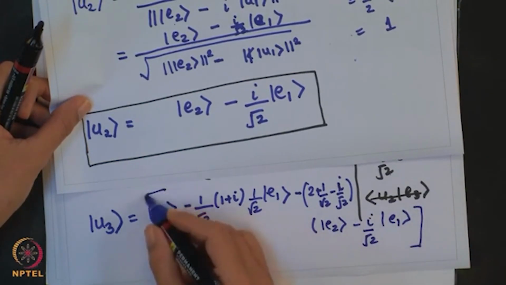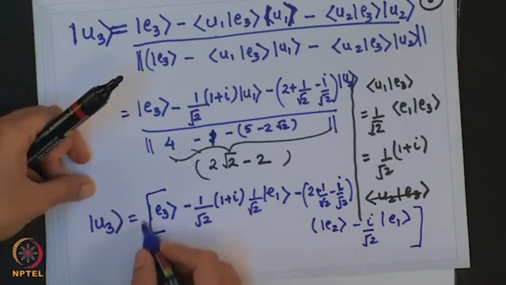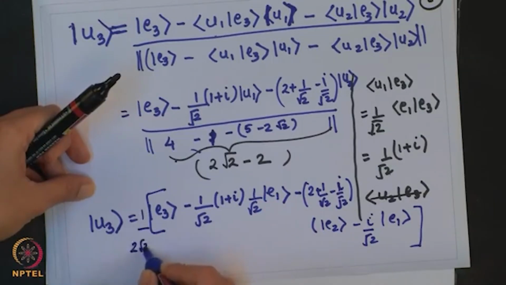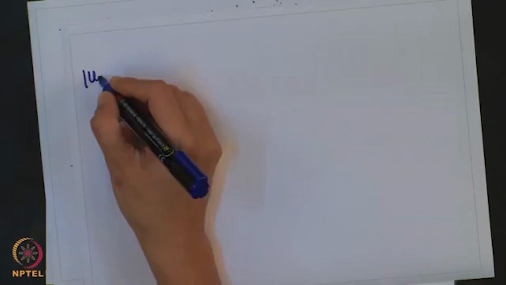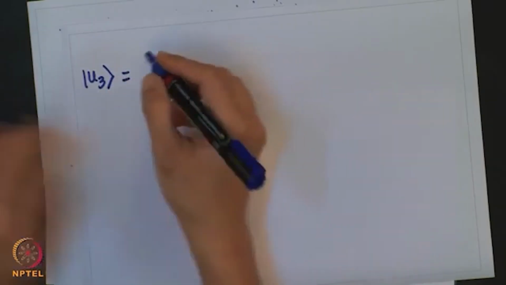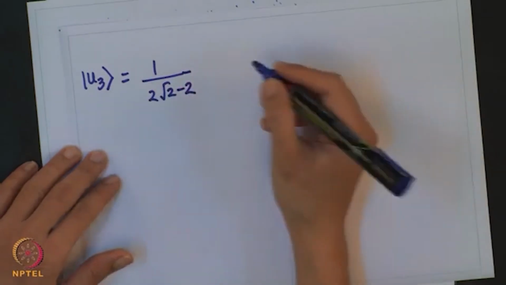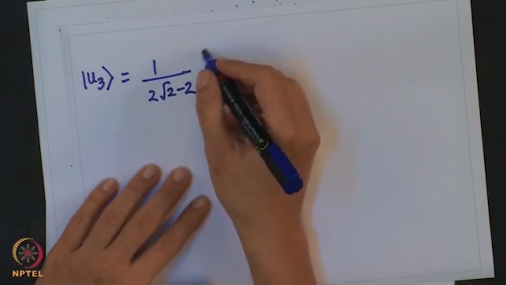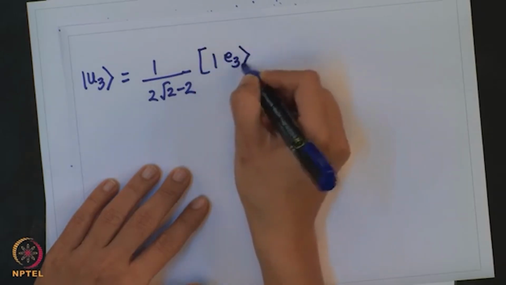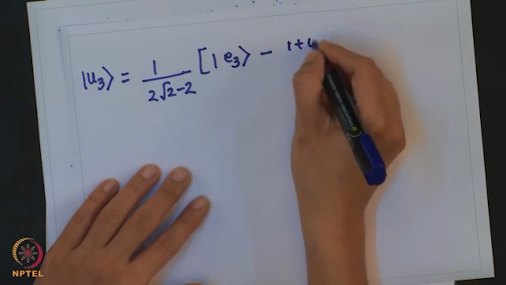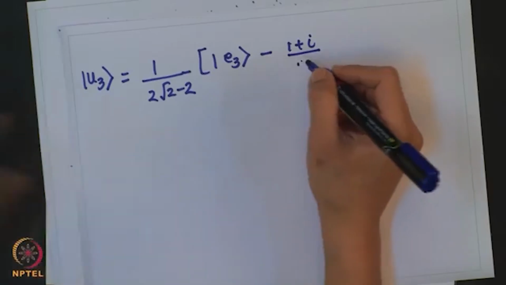This entire thing multiplied by this normalization factor, which is 1 by 2 root 2 minus 2. So, let me rewrite this expression completely. U3 is 1 by 2 root 2 minus 2 times you will have a factor of 1 by root 2 into root 2 E3 minus 1 plus I.